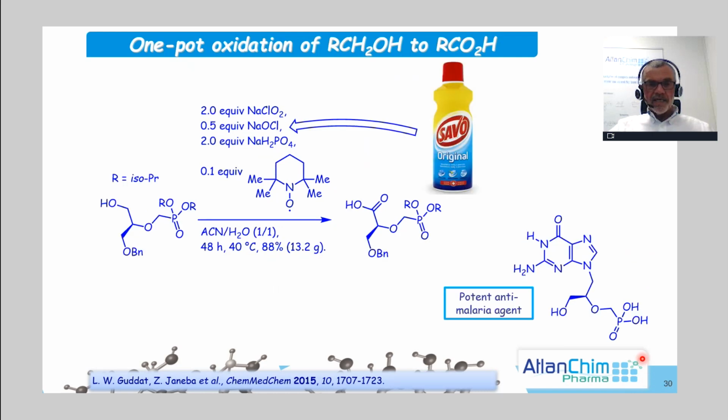In this last example, this chiral primary alcohol here, containing a phosphonate moiety, is oxidized under typical one-pot sodium chlorite TEMPO bleach conditions. A solution of diluted sodium hypochlorite, this household bleach, was used in this reaction.